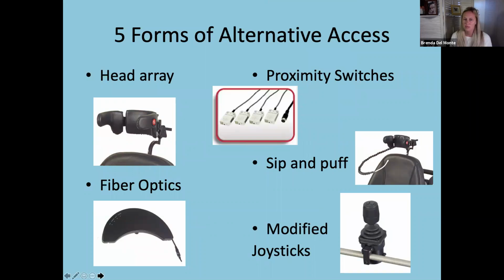There's head array, there's proximity switches, there's sip and puff, there's modified jacks, there's fiber optics, there's all kinds of things beyond the jelly bean. If you're having difficulty with access and with your jelly bean switch, consider some of these other options, but none of them are going to work without some postural active seating.